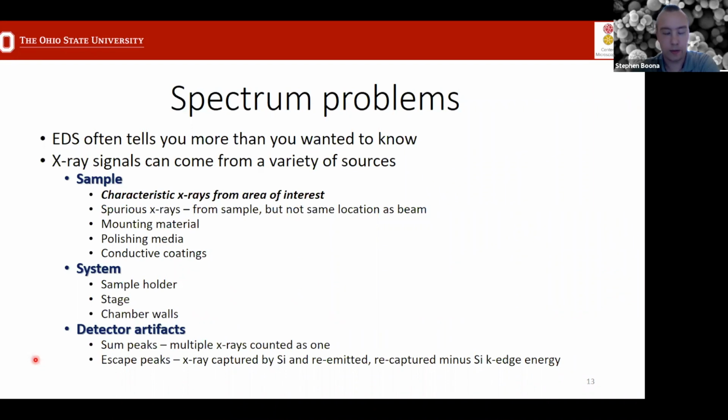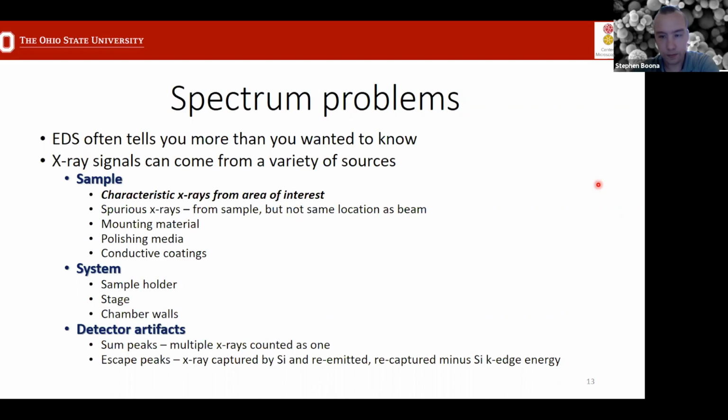And then escape peaks as well, where essentially you have a peak located just slightly away from the characteristic peak you're looking for, but differentiated by the fact that it was absorbed and then re-emitted.